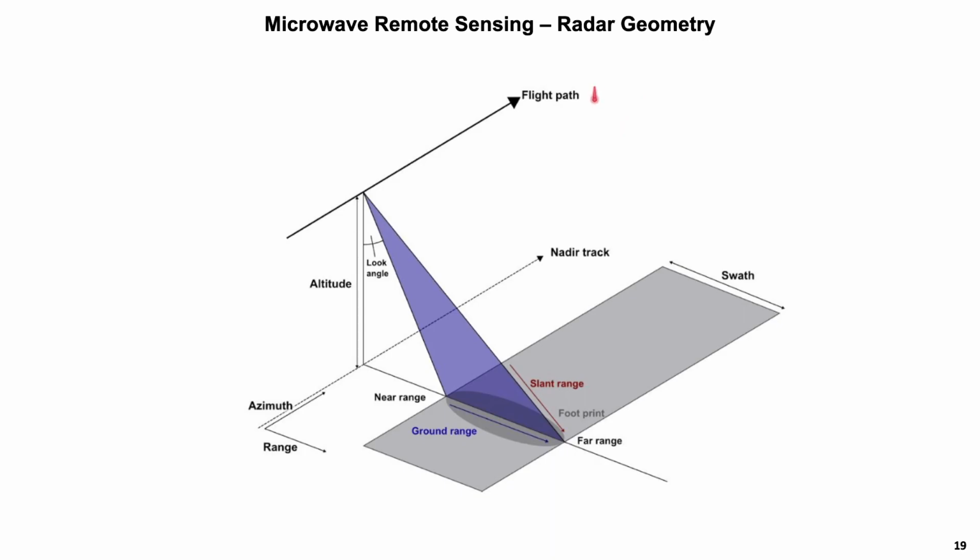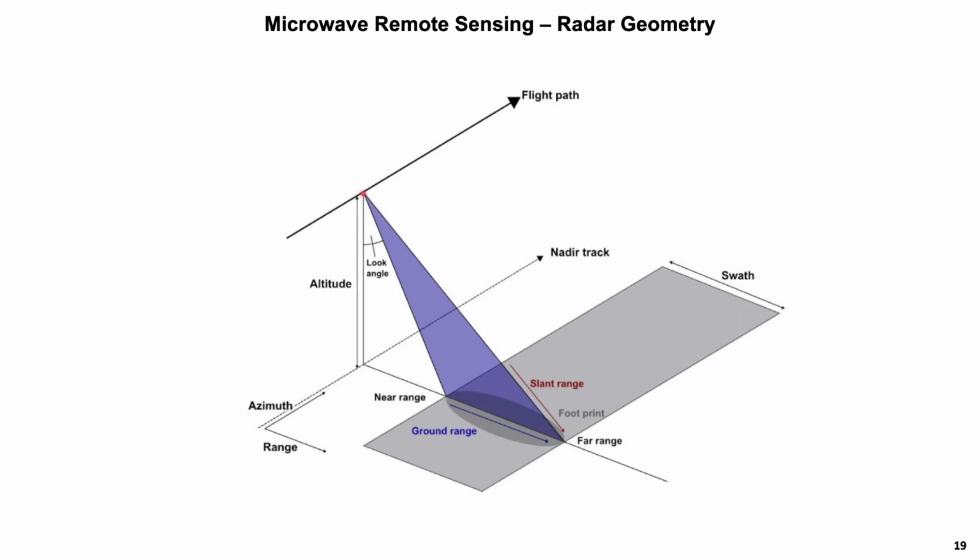So for today's last part of the lecture, I will conclude with this. It is too much content for one week. So this is the radar geometry. If you see here, this is the flight path, and let's say you have the sensor here, and all our active radars are side looking radar.